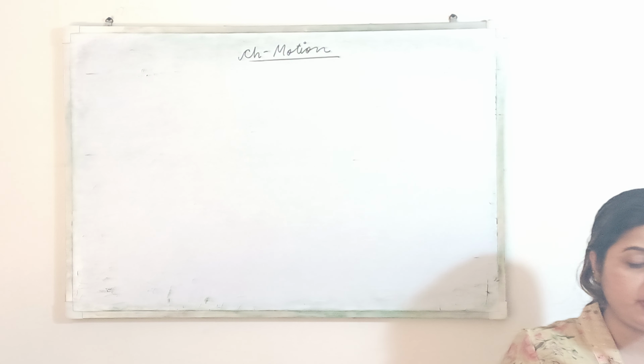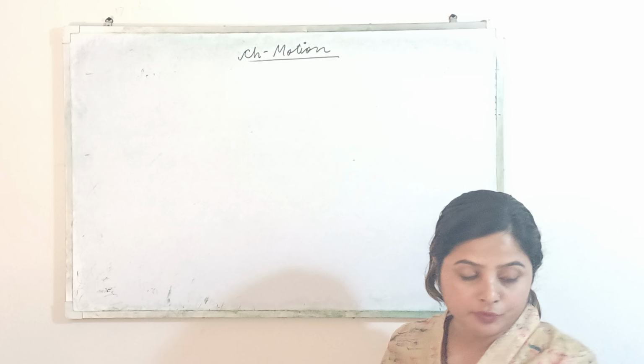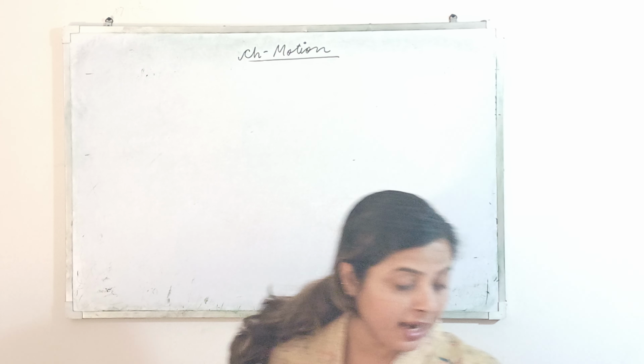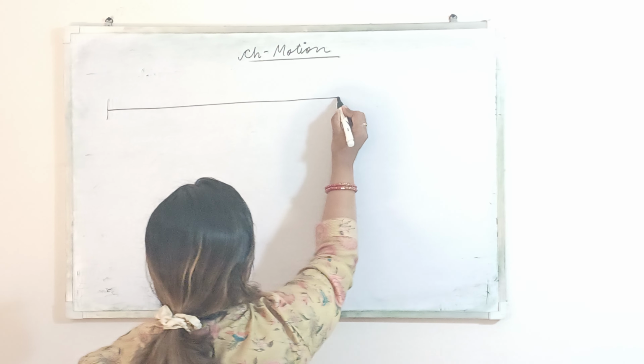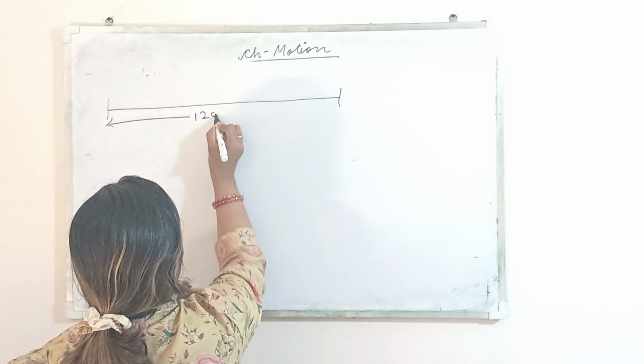Now children, in this question, it is given that there is a track which is 120 kilometer. What is the length of the track? 120 kilometer.